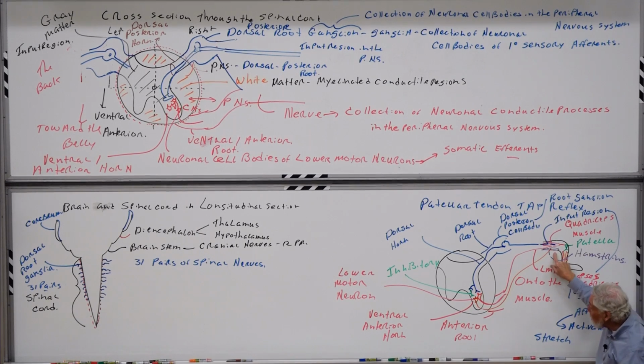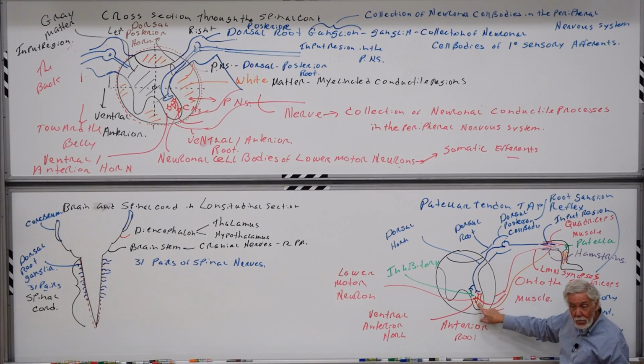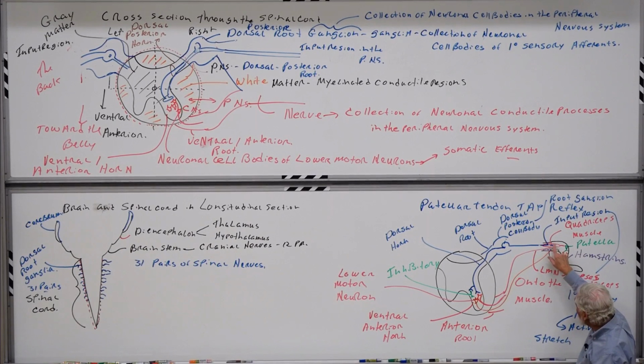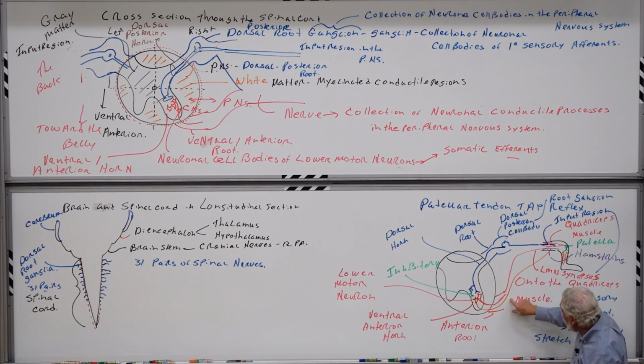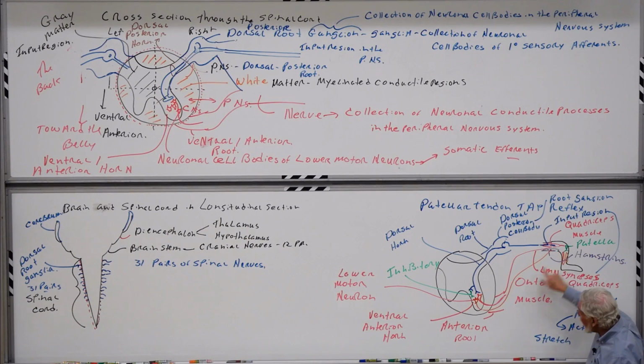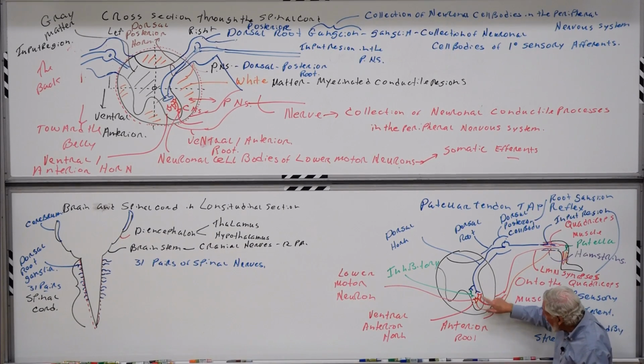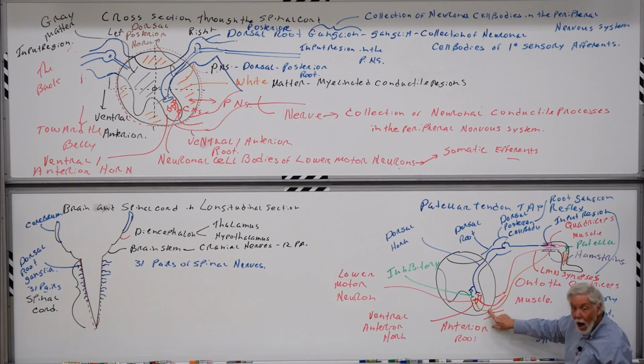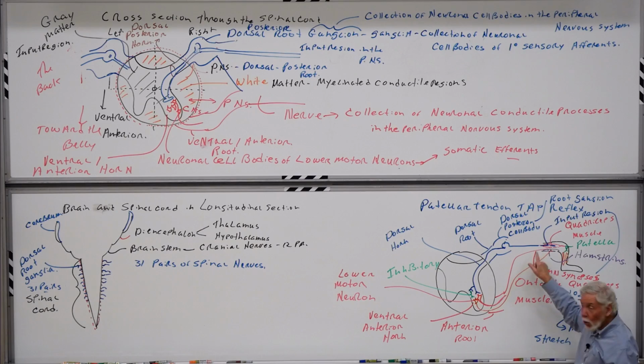But the way we turn this off is in the central nervous system. We inhibit this lower motor neuron to the hamstrings by simultaneously activating the quadriceps, but at the same time activating the inhibitory interneuron to turn off the motor neuron going to the hamstrings.